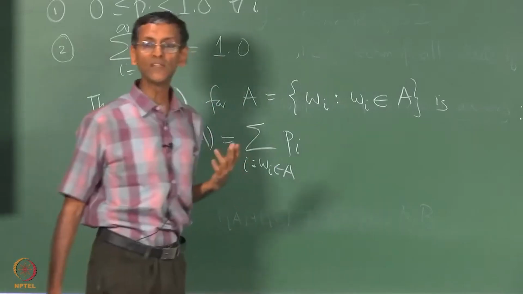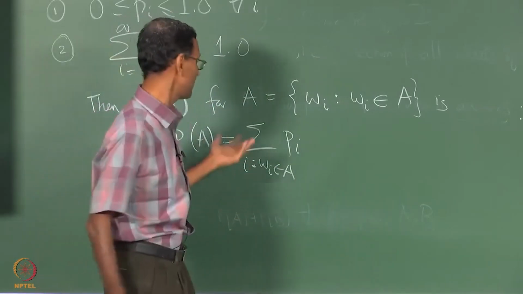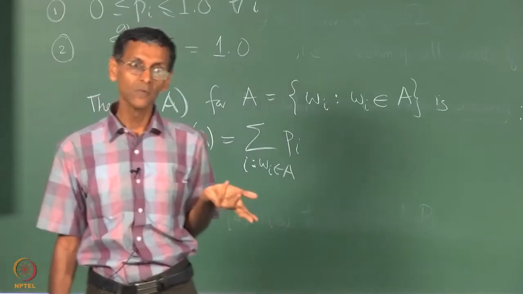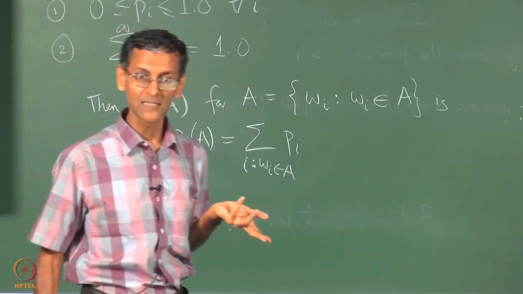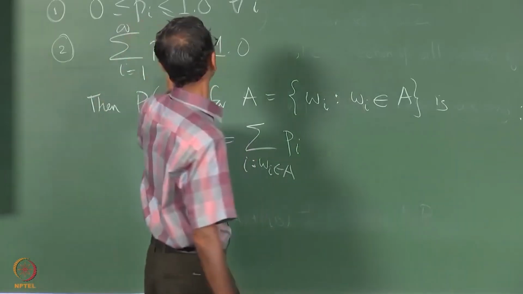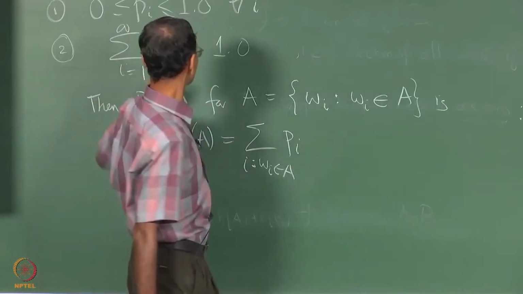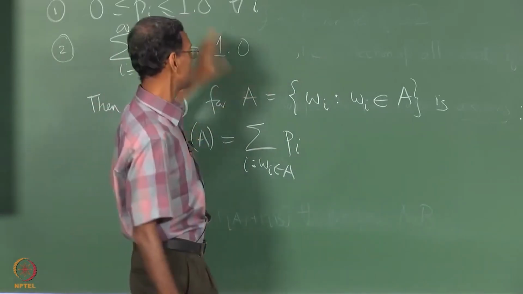PA is obviously between 0 and 1. It can never be below 0, since we are adding non-negative quantities, so the result can never be negative. The result can never exceed 1, because if you put all the PI's together you get unity. So clearly it is between 0 and 1.